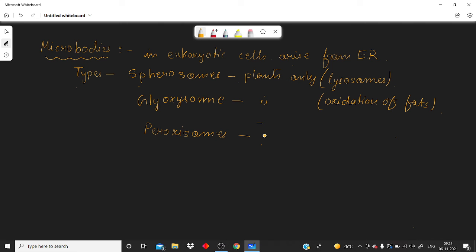It is found in both plants and animals, so both plant and animal cells will have it, especially in liver and kidney cells. It helps in the formation and breakdown of hydrogen peroxide and is responsible for photorespiration. We will discuss photorespiration in the coming chapters. We have a chapter on respiration under plant physiology in which we will discuss it.